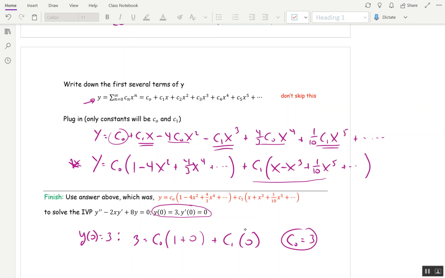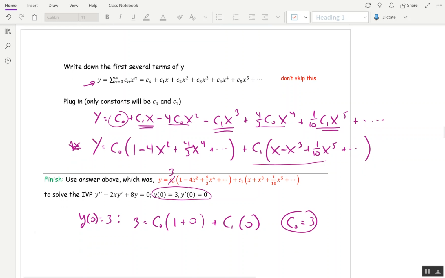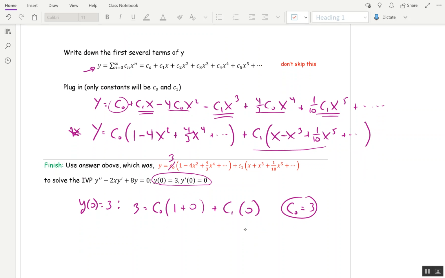Okay, so then, oh, I see I put the solution here again. So put a 3 there. It's sloppy notation, I know. I should have just written it down again. Now, I'm going to find y prime of x, and then I'll use the initial condition y prime of 0 is 0. So to find y prime, literally take the derivative of every single term. They're the same thing though.